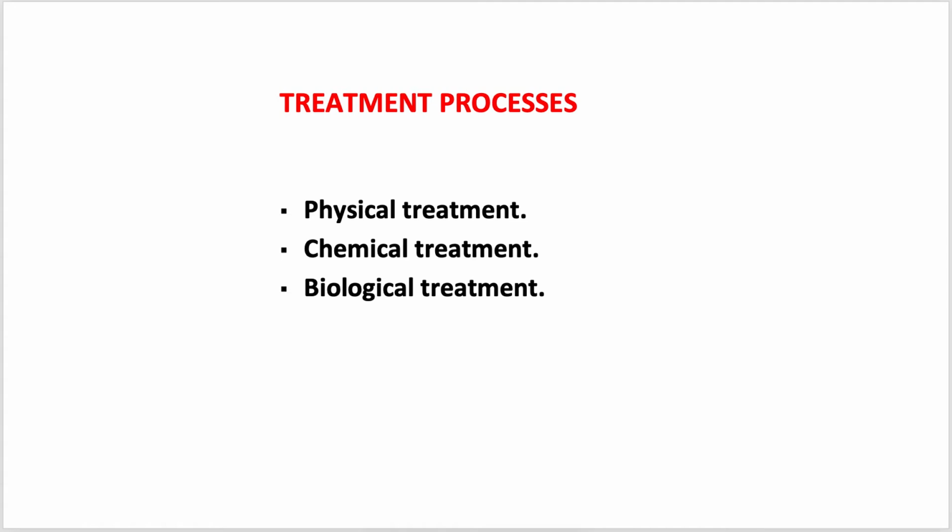So at least some level of treatment, sometimes complete treatment, is required. There are different ways or processes to treat the effluent, such as physical treatment methods, chemical treatment methods, and biological treatment methods.